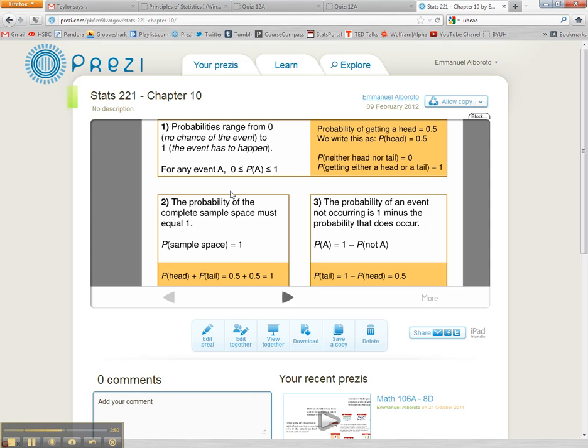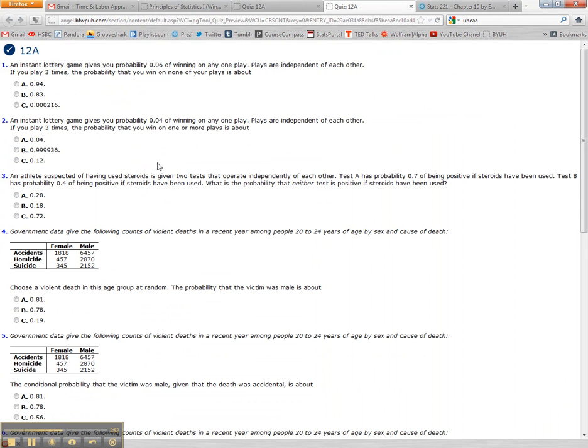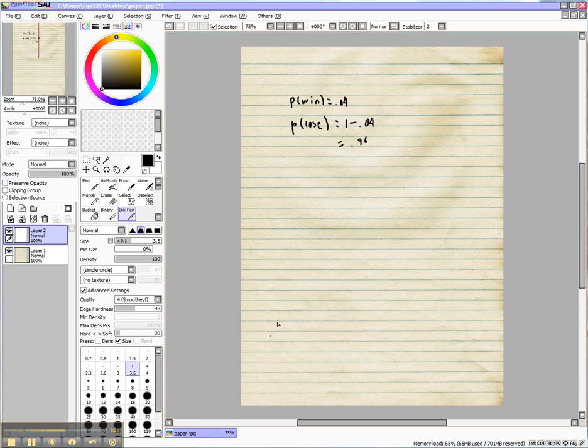So in the question, we are asked: if you play 3 times, the probability that you win on 1 or more plays is about... Let's think about that. The entire sample space of playing 3 games is 1.